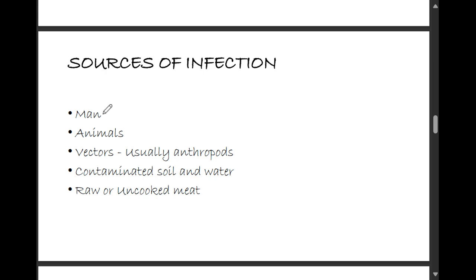When we talk about man as a source of infection, this is when infection is transmitted from one infected man to another. When infection is transmitted in this manner, we call it anthroponosis.